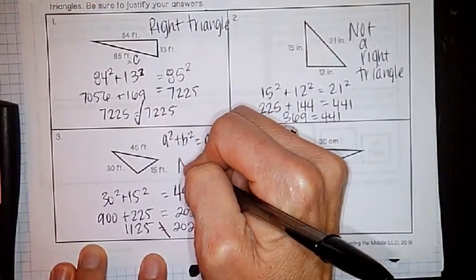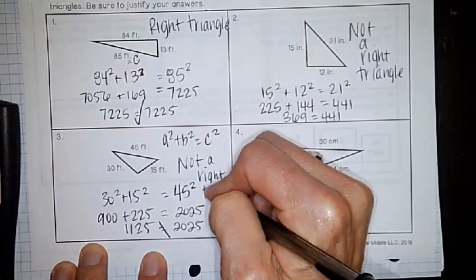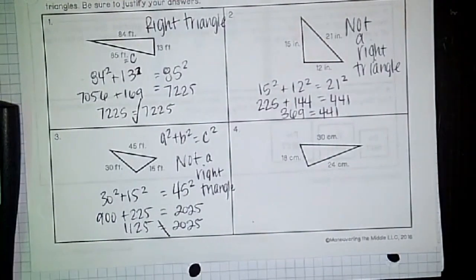Okay, let's keep going. What about this guy? How do we set him up? Where's my hypotenuse? Which one's my hypotenuse? Who wants to say it's 24? It's usually the biggest one.